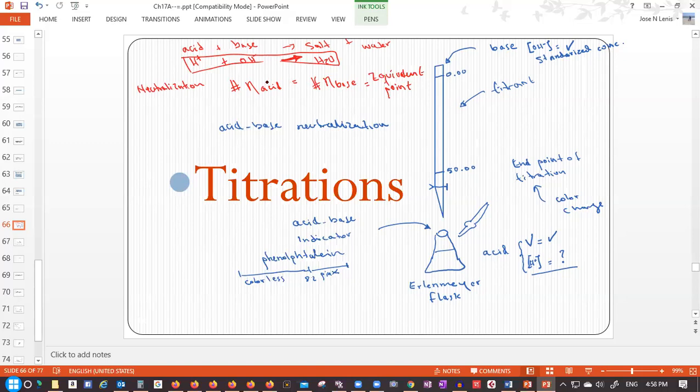And those salts of the weak acids or salts of the weak base are strong enough to react with water, and they will produce a secondary reaction right there at the equivalent point, and will change the pH at the neutralization point. So the pH at the equivalent point is not always 7, because it depends on the nature of the acids or the bases that are reacting. I'll show you a couple of examples.